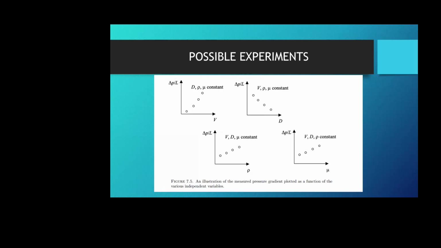How delta P divided by L changes with D, fixing all the other variables. How delta P divided by L changes with rho, fixing the other variables. And how delta P divided by L changes with mu, keeping fixed B, D, and rho. So for each experiment, you could fix different variables and analyze the behavior of the others.